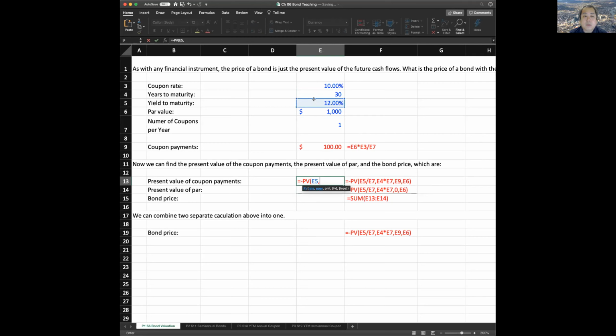The second is the number of periods, so 30 years. The third one is the PMT. And the fourth one is simply 0. Then 805.52.